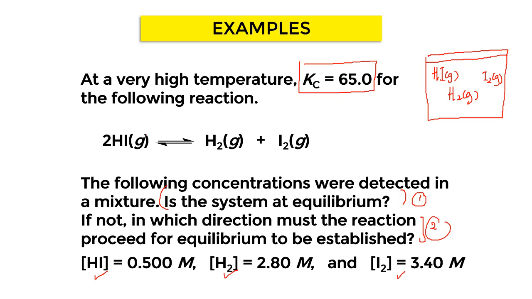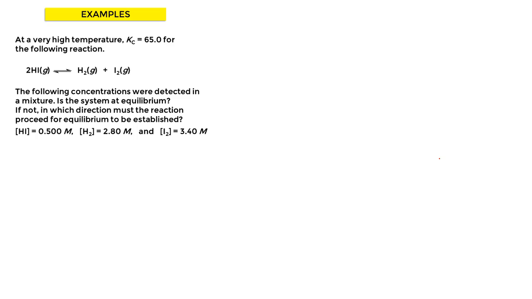So that was the idea earlier. We have to compare Q and K. K has been given. So we have to calculate Q first, then we can compare. Firstly, based on the balanced chemical equation, write the Qc expression.